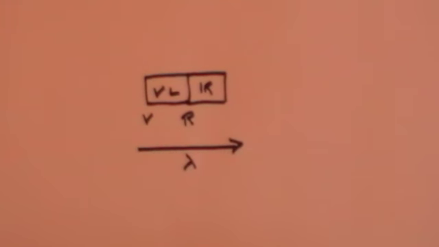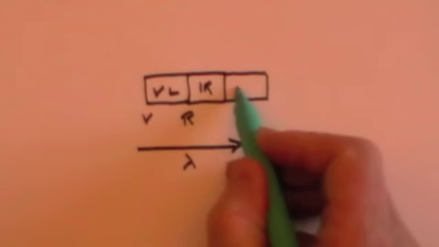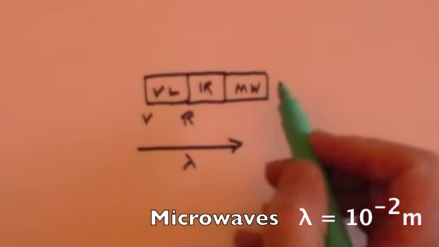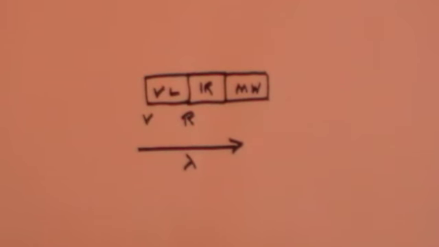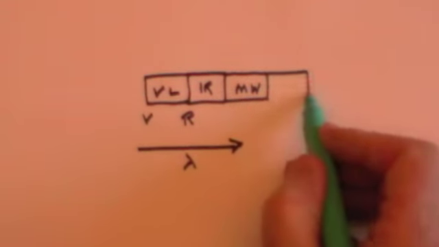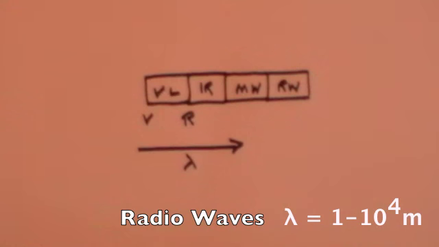If I go beyond infrared, I get into a new region of the electromagnetic spectrum, which is called microwaves. They too are electromagnetic spectrum, but they have longer wavelength. And if I go even further, I shall get into a section which is called radio waves, even longer wavelength.